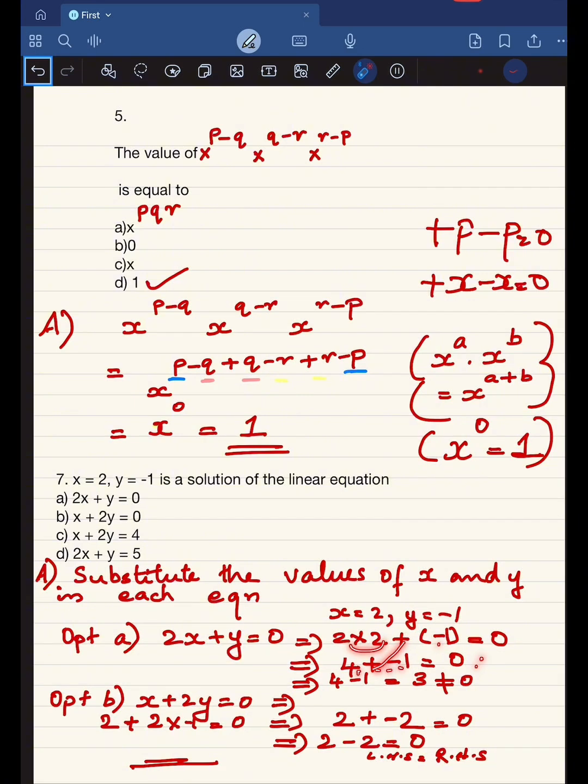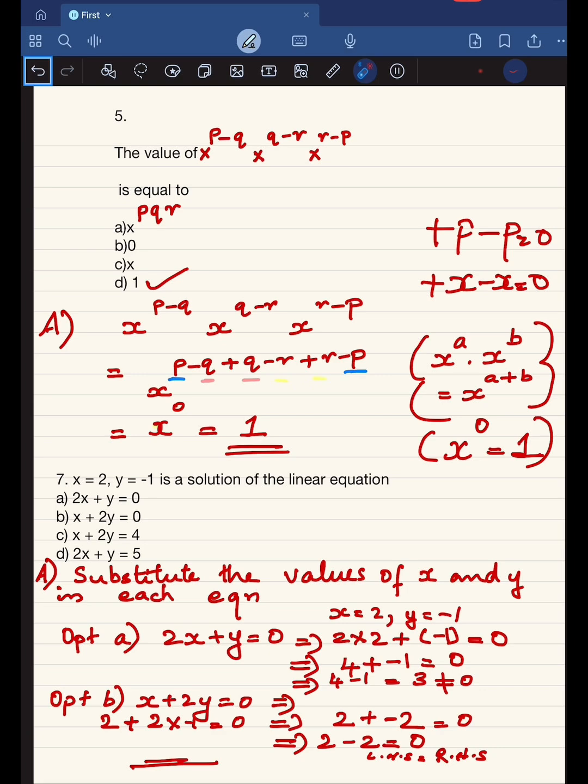This is LHS, this is RHS. Plus and minus goes to minus, so 4 minus 1 is equal to 3, which is not equal to 0. So here LHS not equal to RHS, which implies this equation is not correct. x equal to 2, y equal to minus 1 is not a solution of this equation.